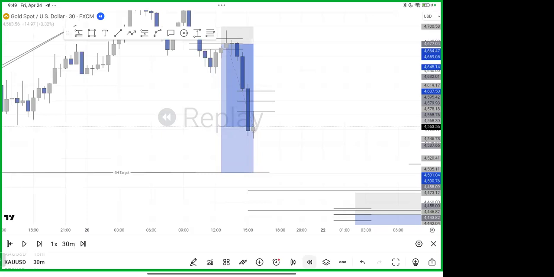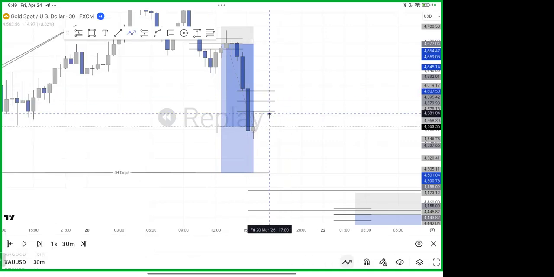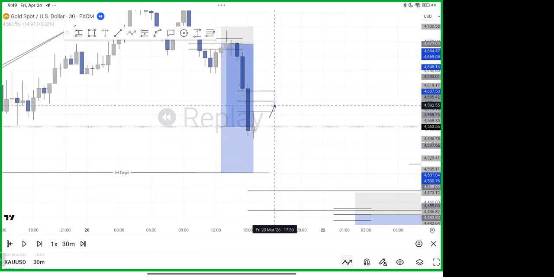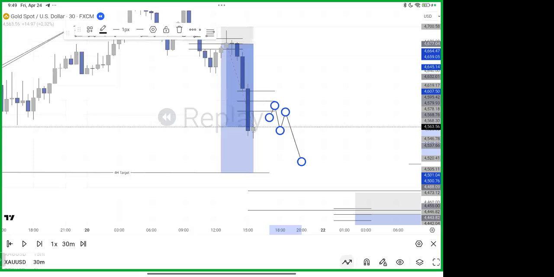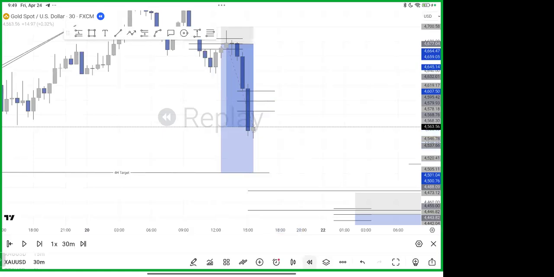It is very possible, 50% chance, that you might miss that entry, because price can just come here, mitigate the surface here, and play out without mitigating the 50%.